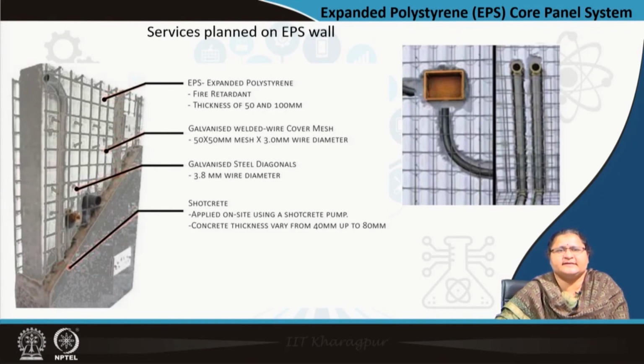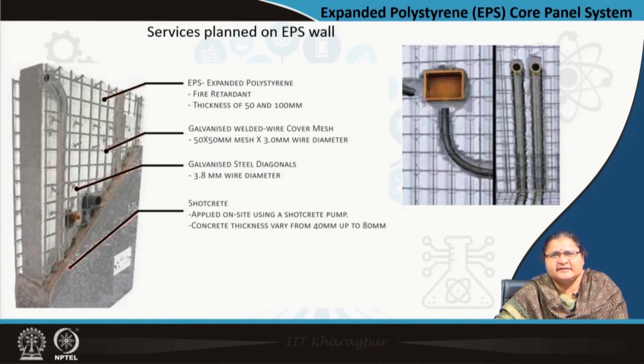So, this EPS or any hollow section may allow you to plan for the service lines, but if it is not planned for, it becomes a problem for the entire process. Here you see on this EPS section all the service lines are being made, and only after that, leaving the openings not to be sealed, the shotcrete is being applied.